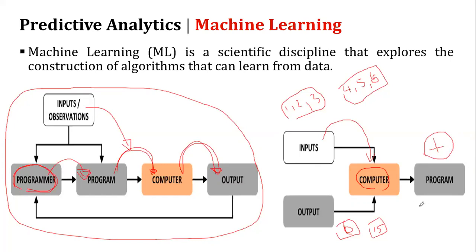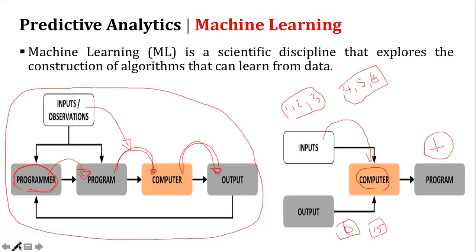It learns, right? Looking at this input and output data, it learns how this has happened. What is the relationship between these 3 data points and this one? So the computer understands it, right?